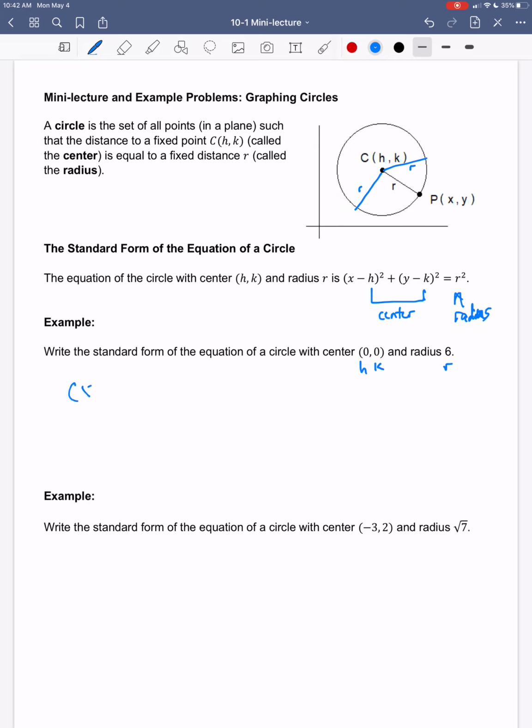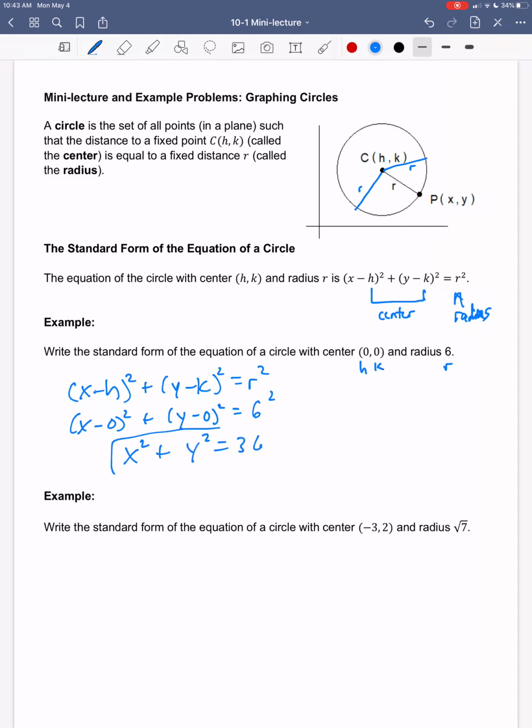So my form says x minus h quantity squared plus y minus k quantity squared equals r squared. I'm just going to plug in h and k equals 0, and r equals 6. Of course, x minus 0 is just x, y minus 0 is just y, and so my answer would just be x squared plus y squared equals 36.